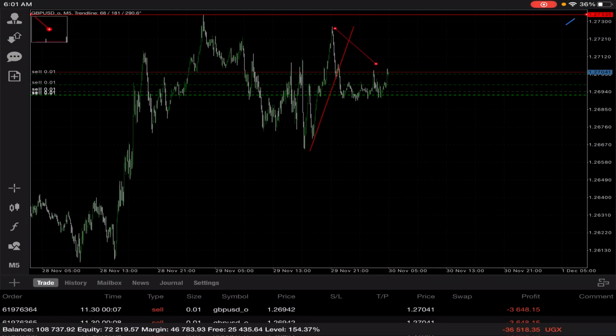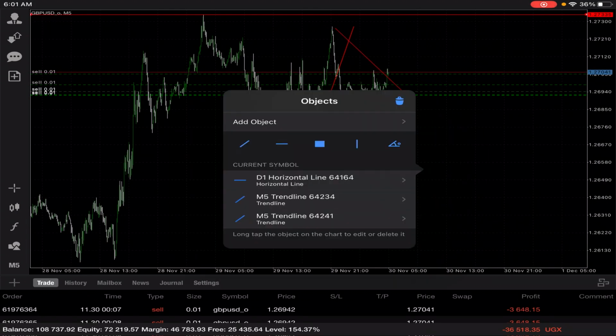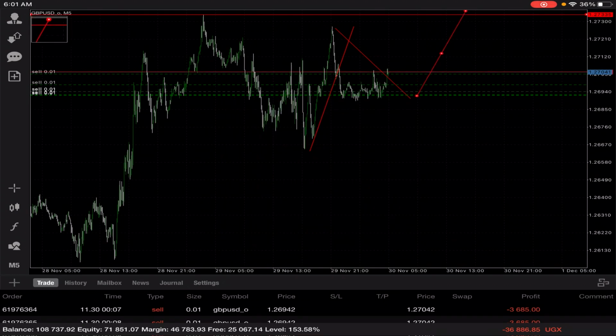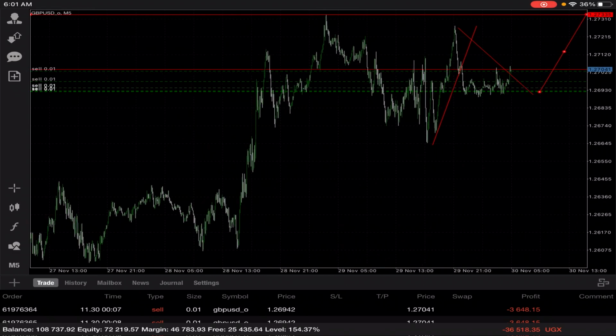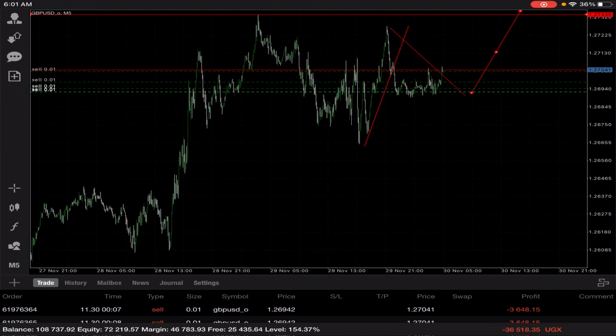Then they buy. They are looking at a trend continuation pattern, looking at buying back. But in my case, I'm looking at selling where retail traders are buying. You understand? I'm looking at selling where retail investors are buying.